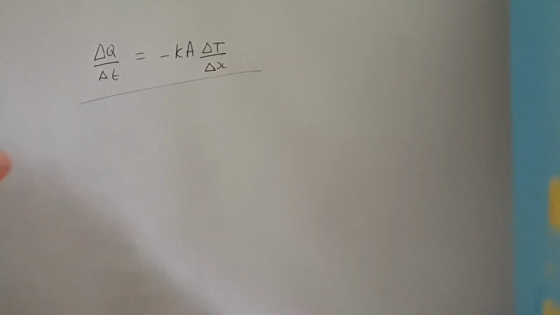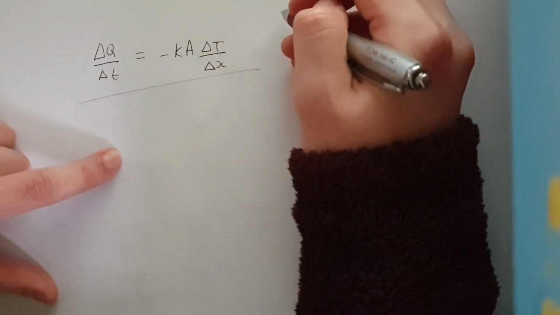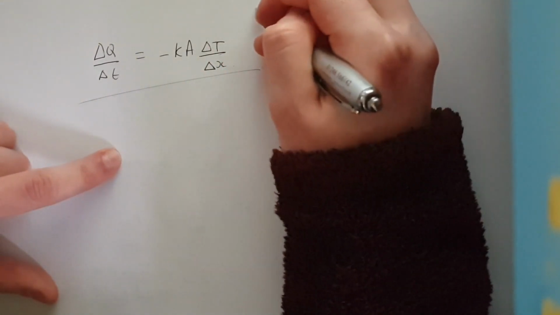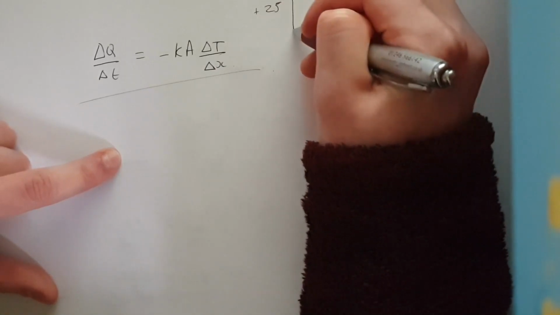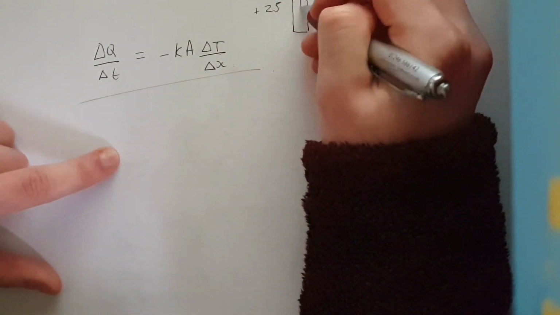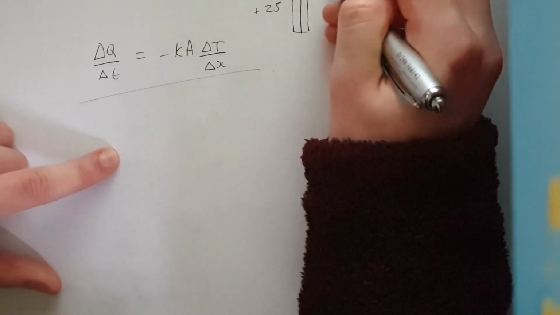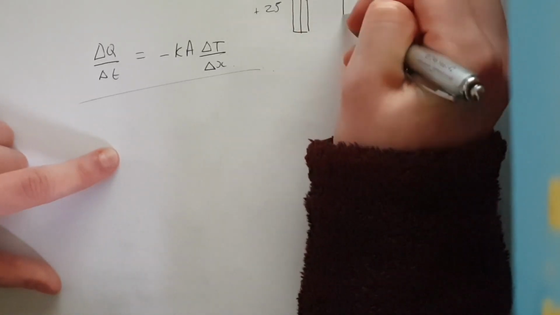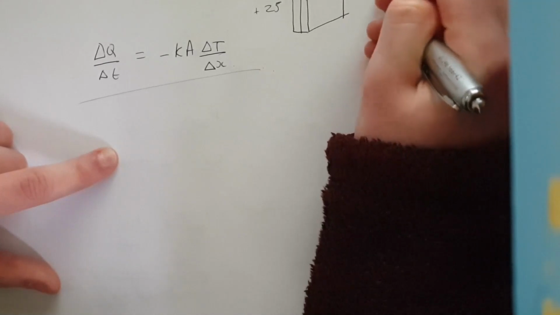So we can draw our little diagram again, we've got plus 25 degrees over here, and we've got minus 15 degrees here.